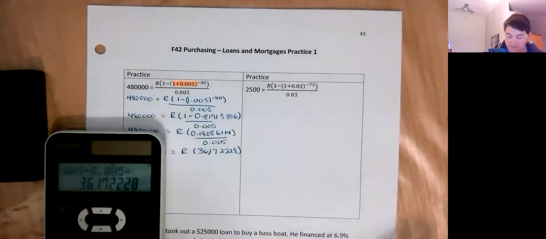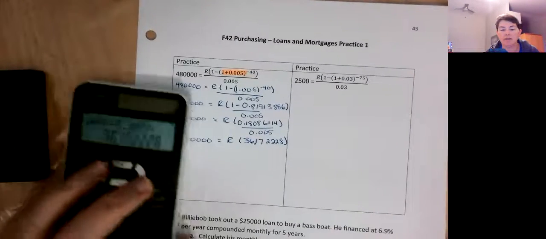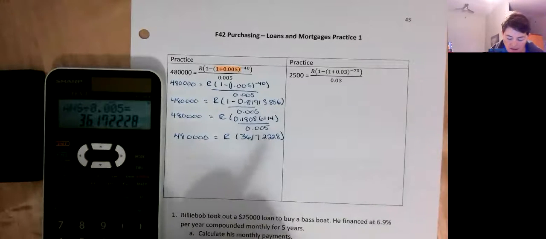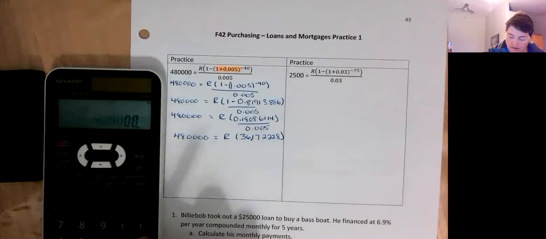36.7228. Move my paper over so you can see my calculator all the time. There, that's much better. $480,000 divided by 36.172228.